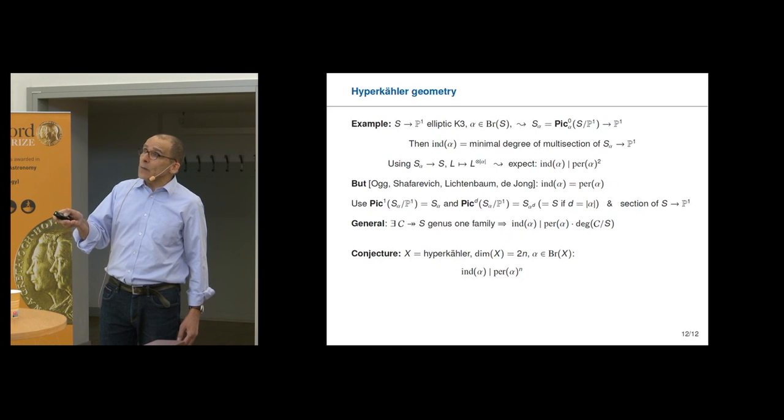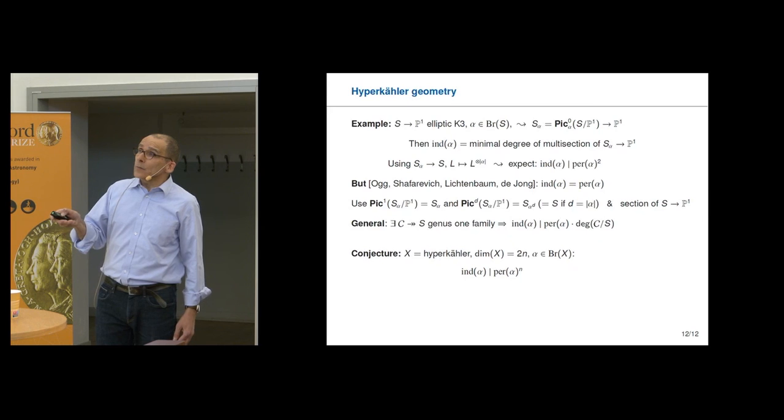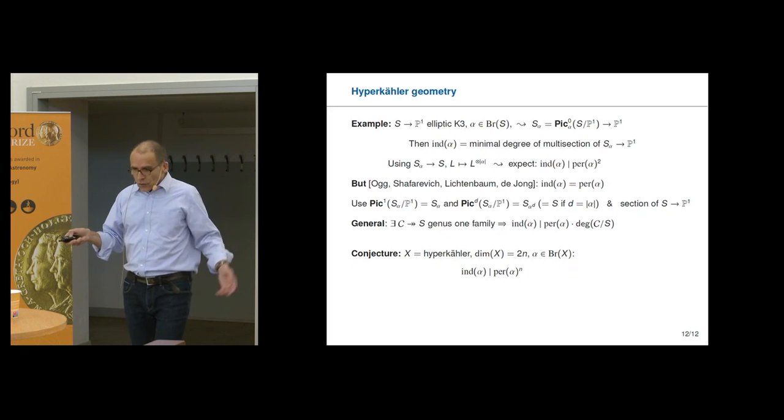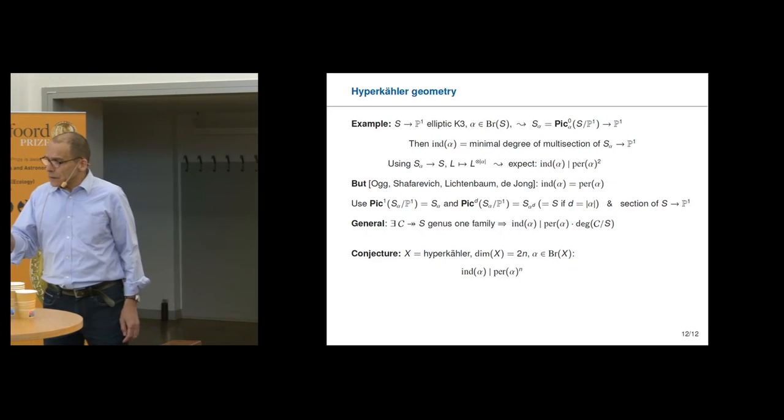Does the index maybe always divide a certain power of the period of alpha? So normally in the Colliot-Thélène conjecture there would be a 2n minus 1, and here I wonder whether it's actually n. That certainly fits for K3 surfaces.